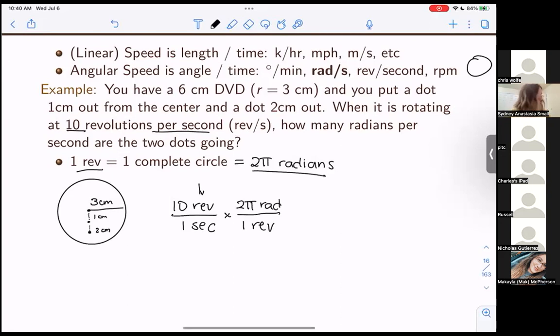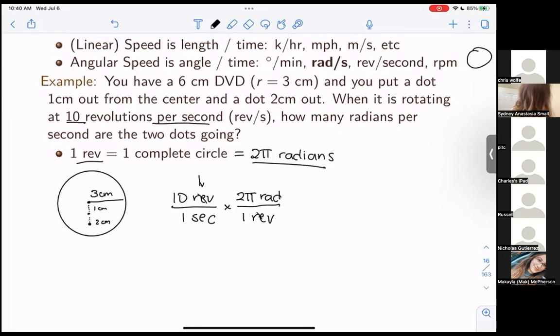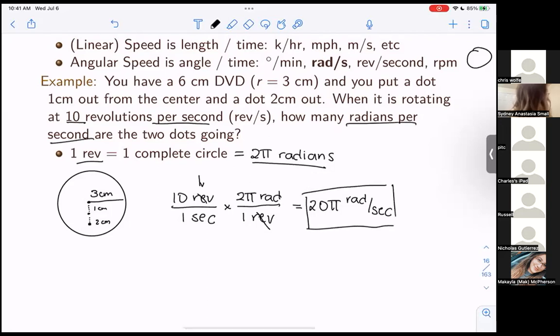I'm just going to write radians in there to be extra clear with what we're doing, because we're doing a conversion. Units of revolutions cancel, and we're left with 10 times 2 pi, it's 20 pi, and then we're left with units of radians per second. And notice that all we wanted was radians per second, so we are actually done here.